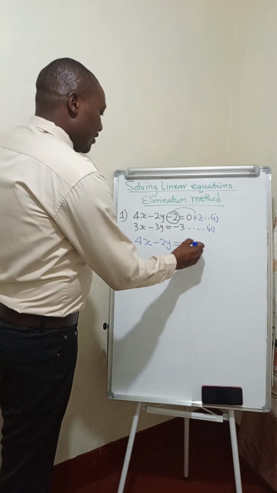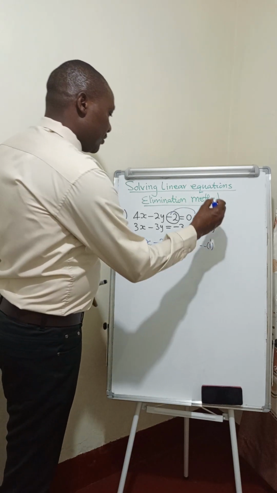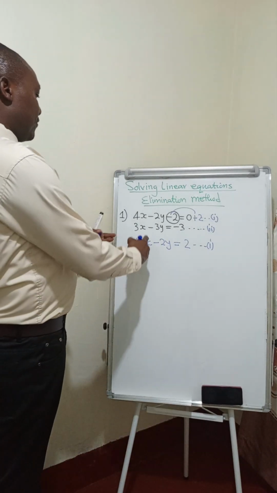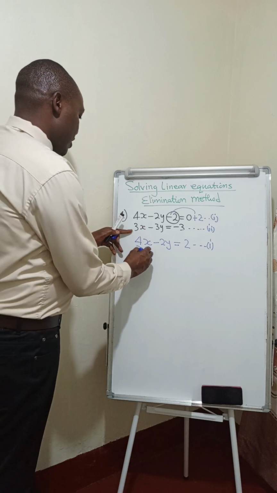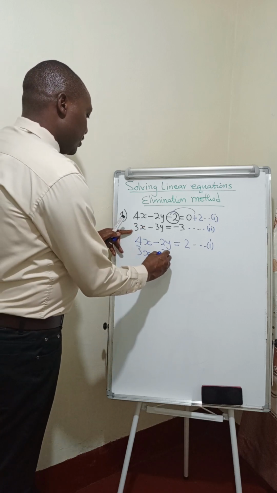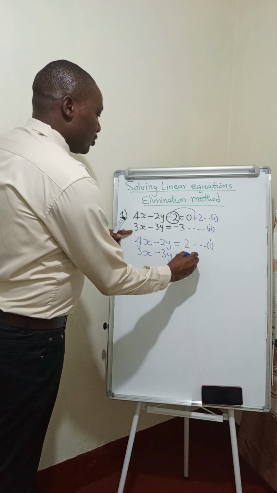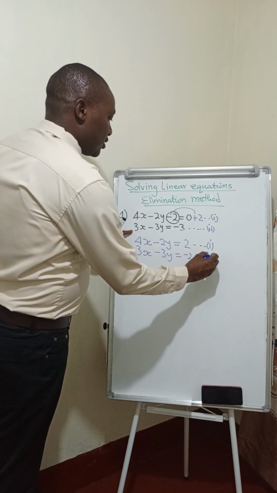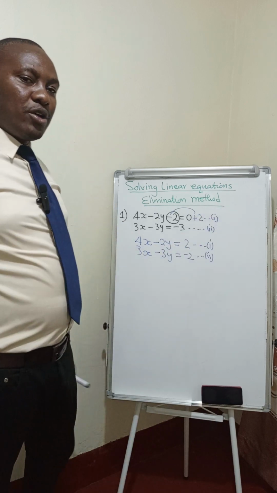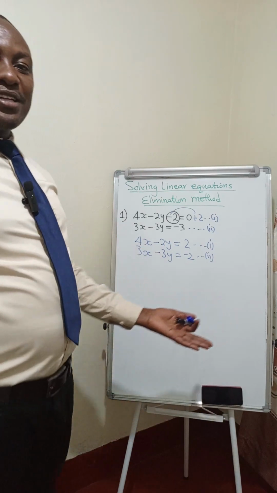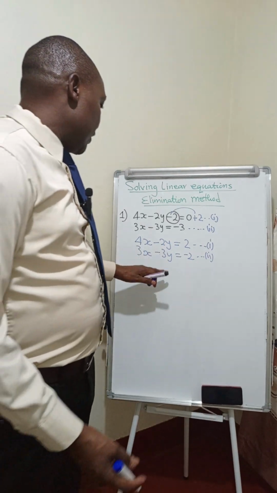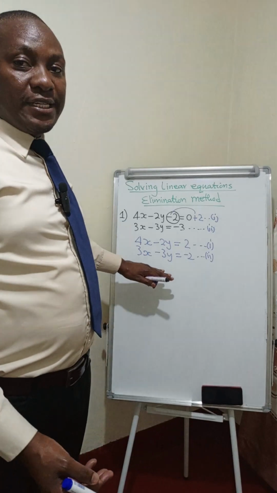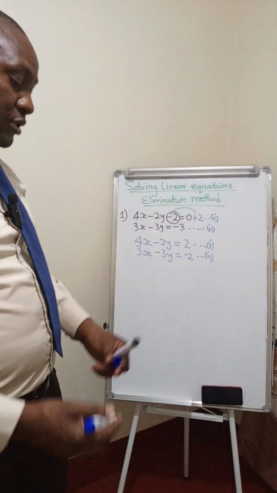Then name it still Roman 1. Then you have this other one: 3x minus 3y is equal to -2. This is our equation 2. Now, from here, it's just the same. What you need to deal with here is how to eliminate one of the unknowns.